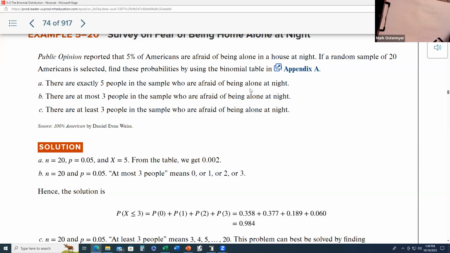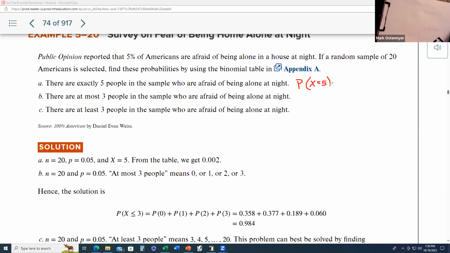What's the probability of having exactly 5 of our 20 that we randomly selected being afraid to be at home alone at night? Well, symbolically, that is having us compute the probability that X is equal to what? 5, correct?